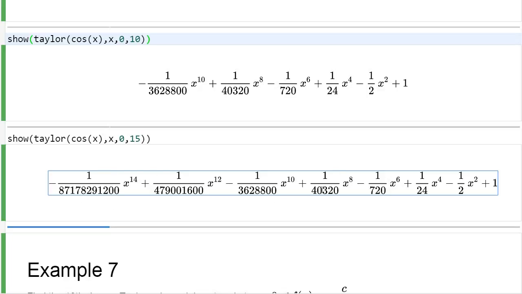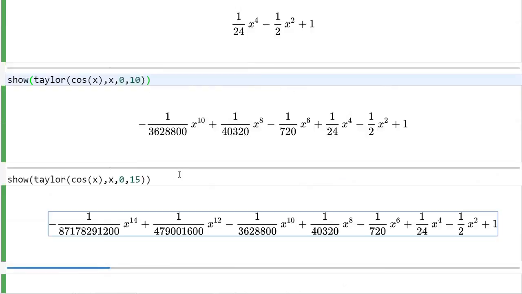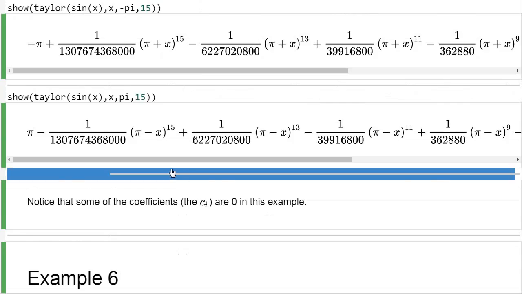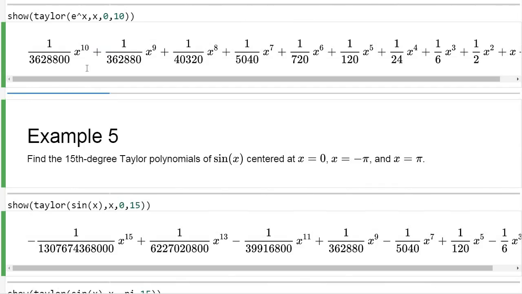The numbers down here: this is 8 factorial, this is 6 factorial, this is 4 factorial. So just like with sine and with e to the x, we end up with just 1 over the factorial of the power. Just like with sine, we have alternating signs here, minus plus, minus plus. So it's almost like if you could deal with these signs somehow, you could just add together sine and cosine, and you would get this e to the x.